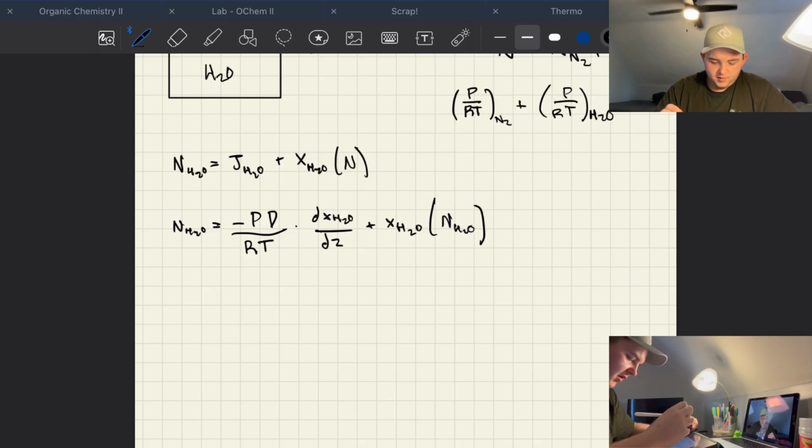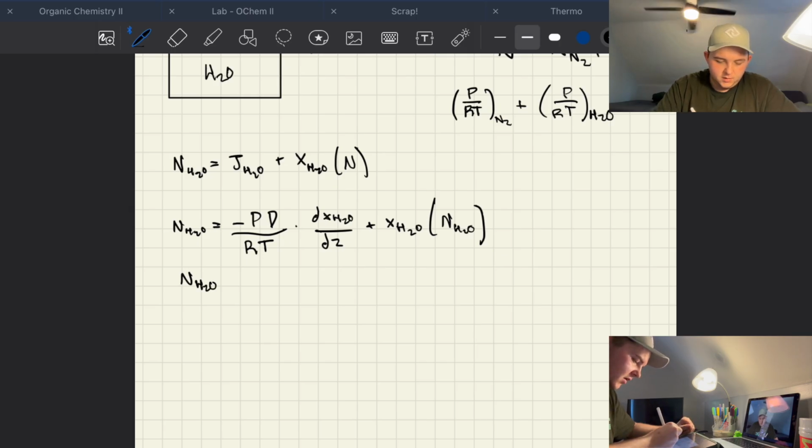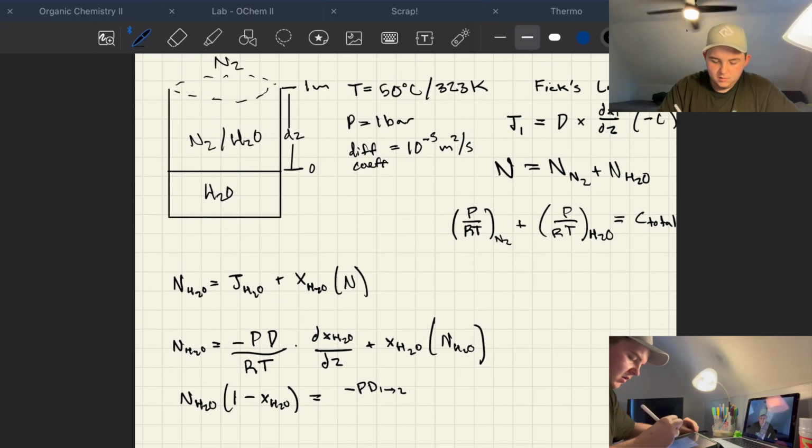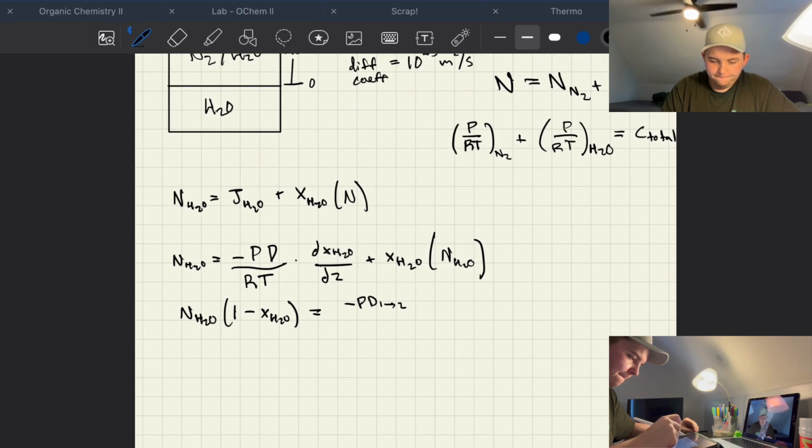First we can move our xH2O, so let's do NH2O, because we want to integrate that side, times 1 minus xH2O, which is going to be equal to our negative PD from 1 to 2 over RT.